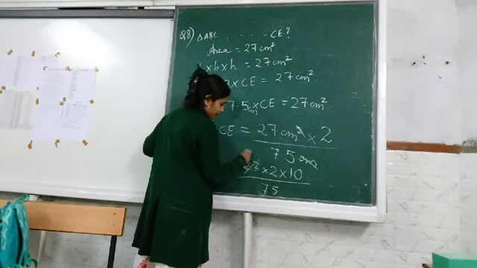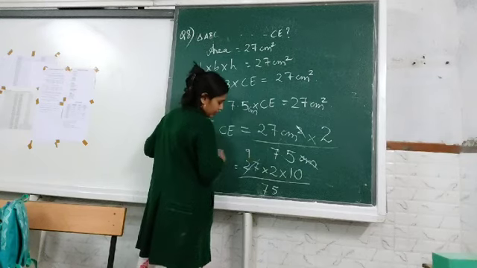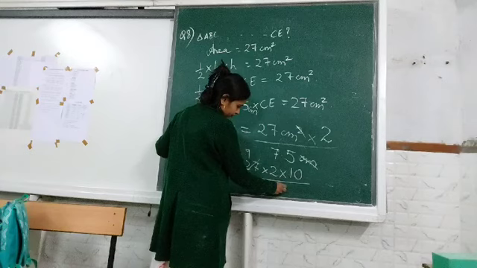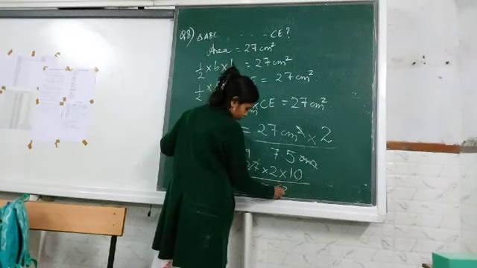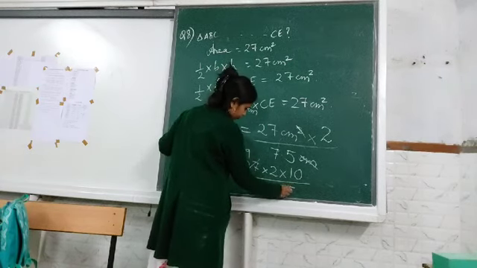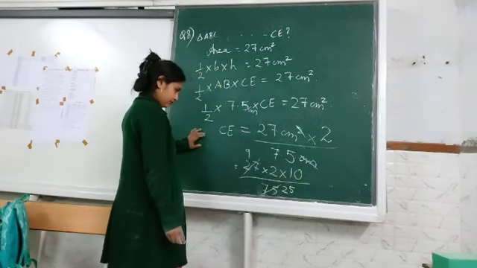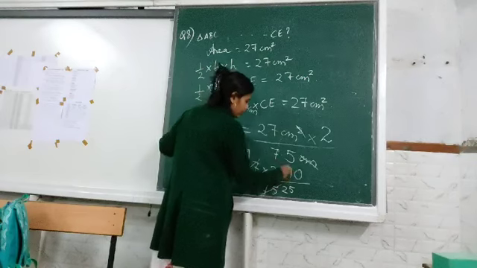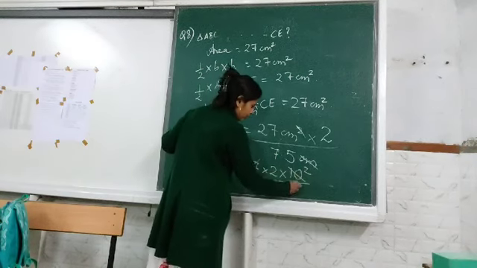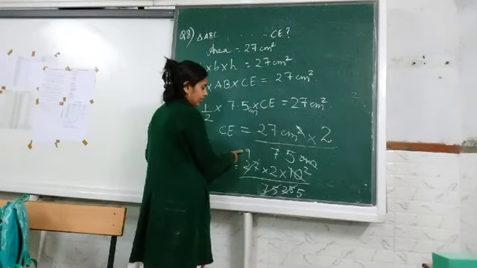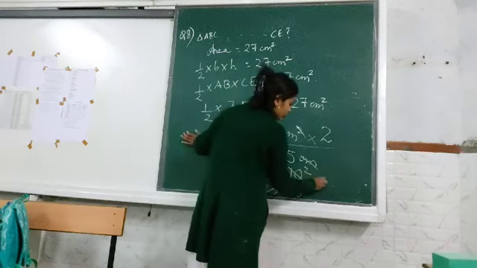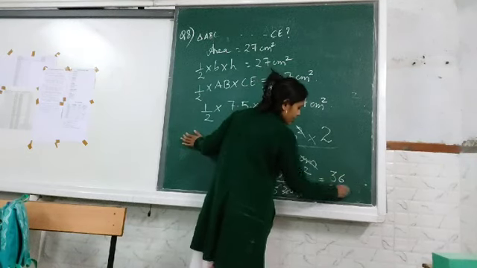Only 3. 3 nines are 27, 3 twos are 6, 3 fives are 15, 25 has come. Then 5 twos are 10, 5 fives are 25. So now 9 into 2 into 2. 2 twos are 4, 4 nines are 36. So it is 36 by 5.